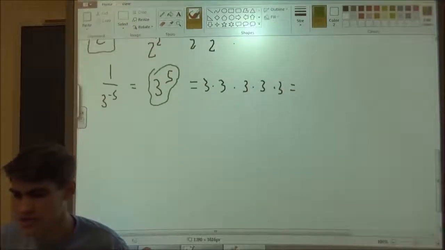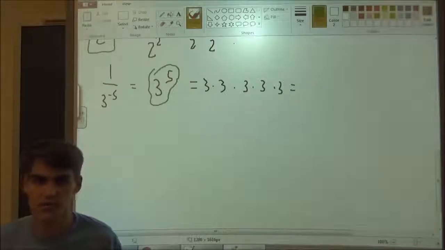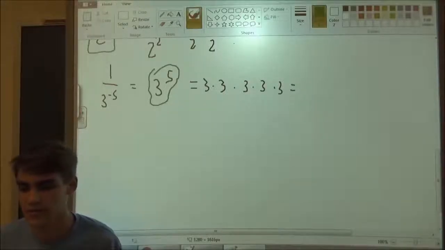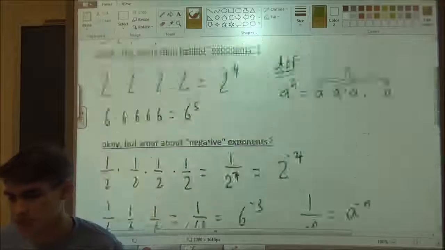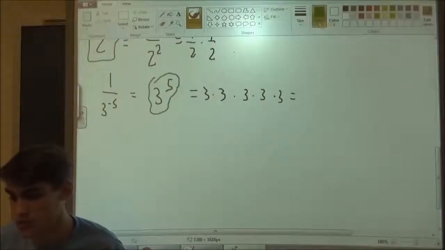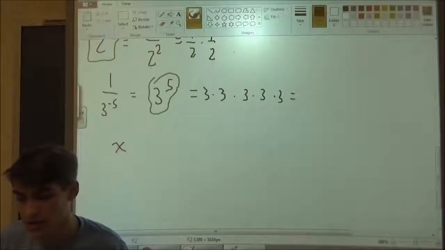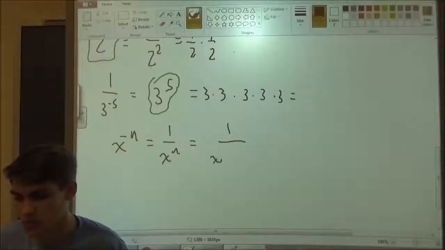So whenever you see a negative exponent on the bottom of a fraction, flip it up, and if you see a negative exponent that's not being divided by anything, you could flip that to the bottom, but you would leave it as a negative exponent. So just the final really abstract example, x to the negative n is equal to 1 over x to the n, and that's equal to 1 over x times itself n times.